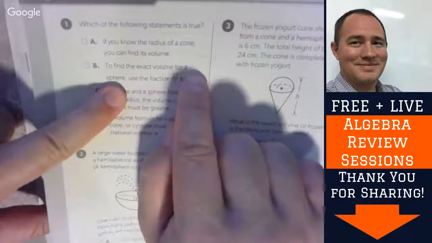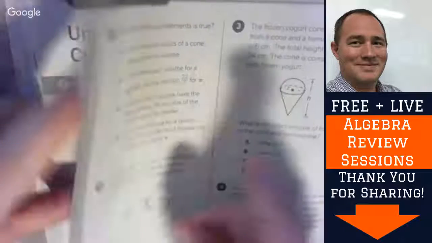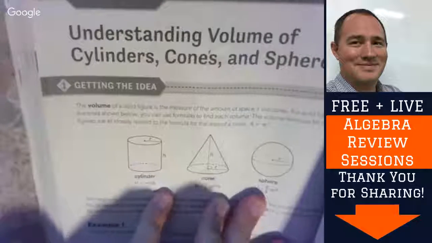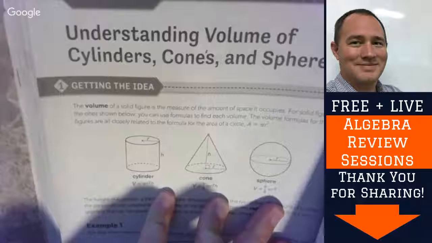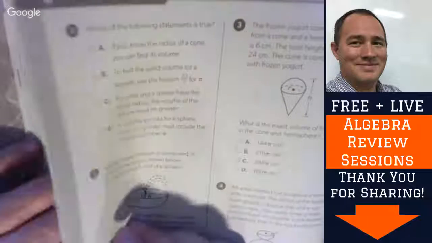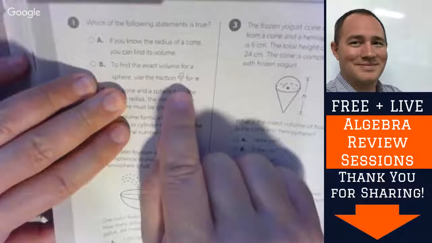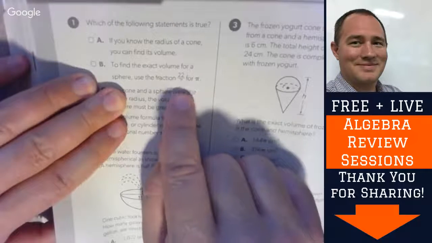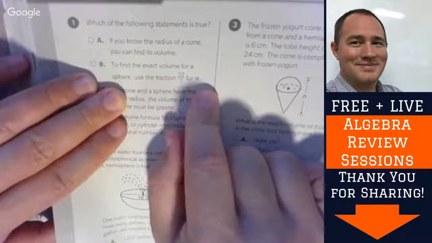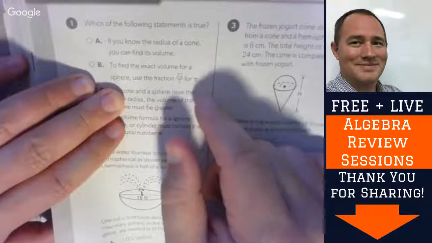So to find the volume of a sphere, there's only one variable that's needed, and that is r. So if we know r and we use the fraction of 22 over 7 for pi, then that would be correct, yeah?